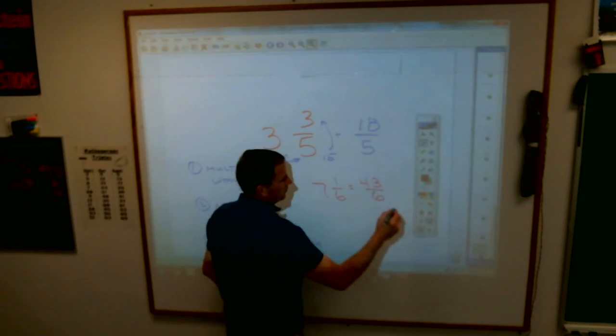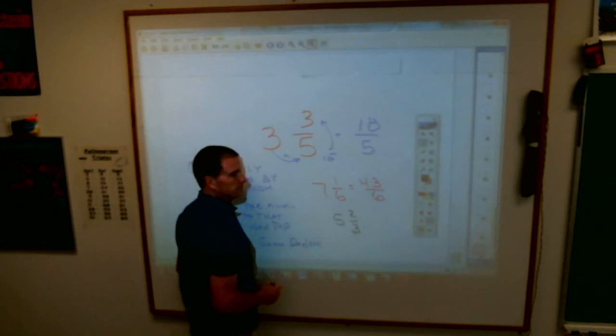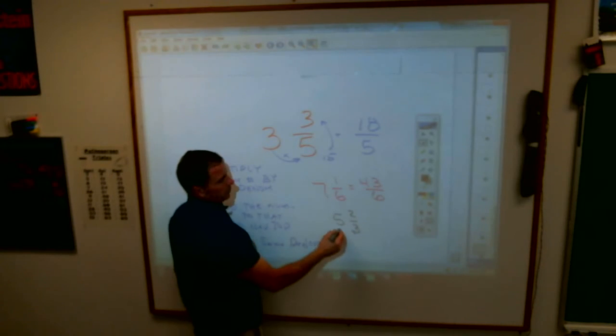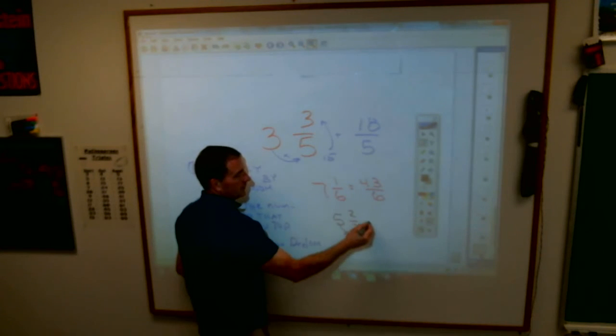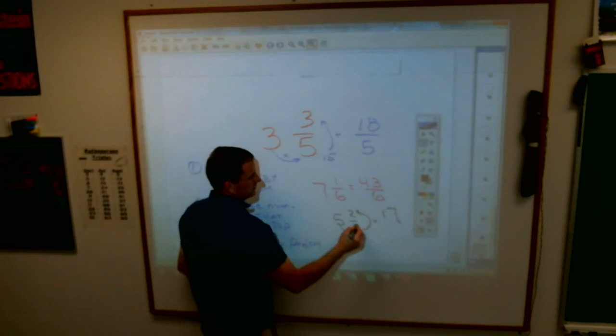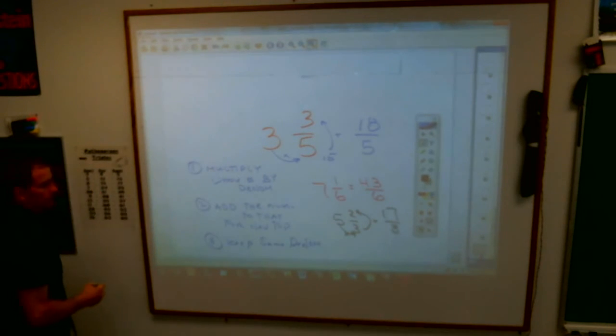How about this one? What would be 5 2/3? Again, whole number times the bottom, 5 times 3 is 15. Add the top to that, 16, 17, keep the same bottom. 17 over 3.